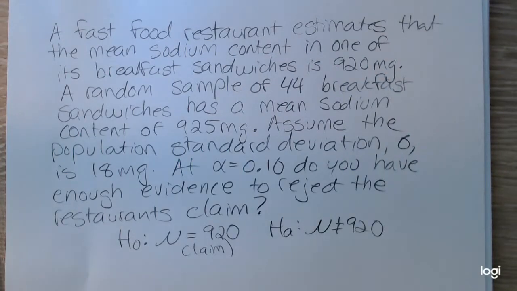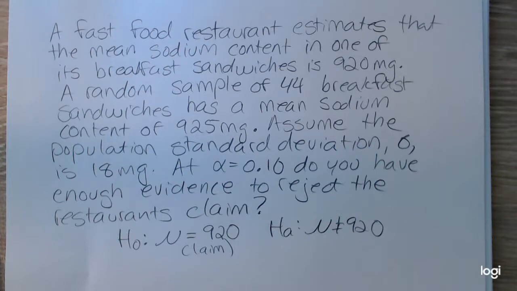Okay, so the p-value definition is the probability of getting a test statistic at least as extreme as the one obtained by the sample. And when we have a two-tailed test, there's a slightly cumbersome extra step that you have to do if you want to find the p-value by hand.